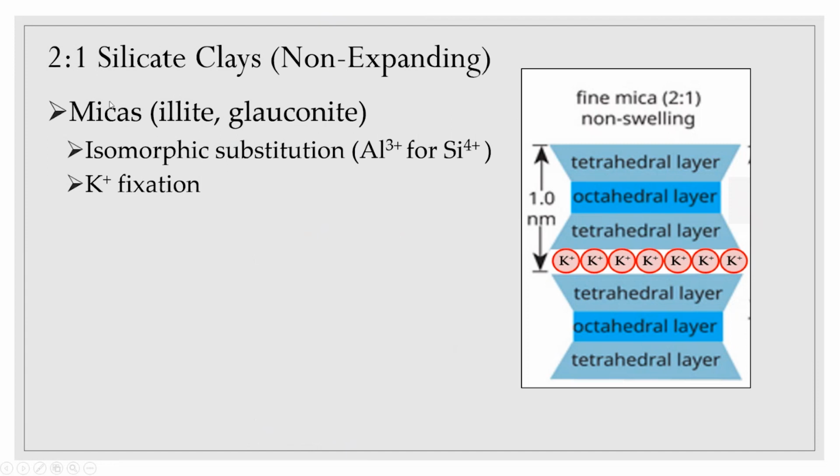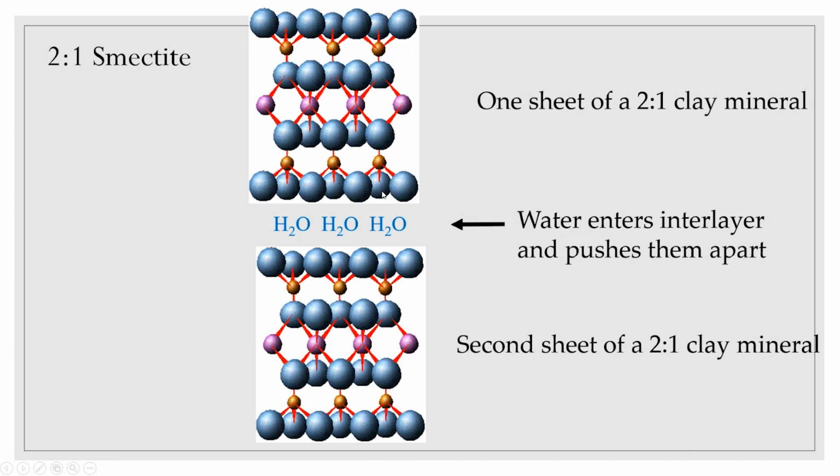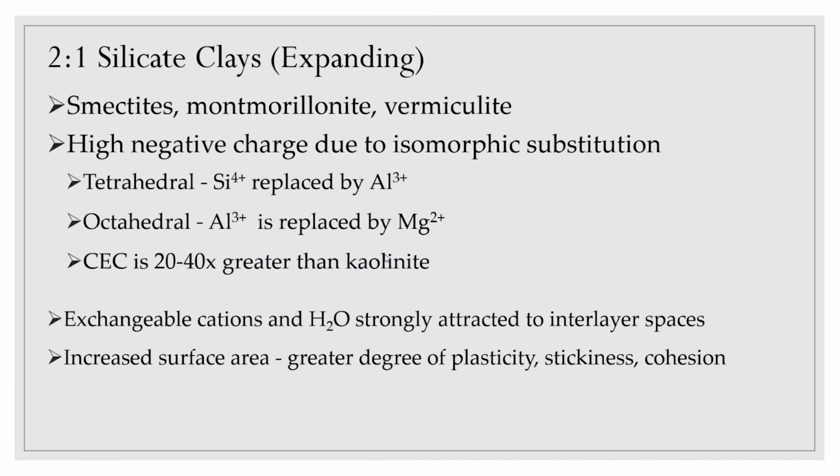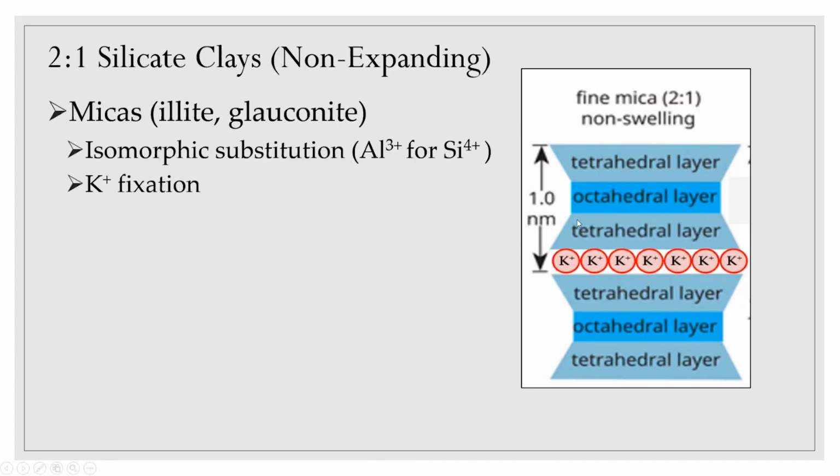One of the other silicate clays is going to be a mica. And so micas, we have isomorphic substitution, but we also have potassium fixation. And so inside of this structure, what we find is that the potassium ion fits perfectly inside of the void underneath this tetrahedral layer. So we have this tetrahedral layer that has this void where these potassiums can fit in.